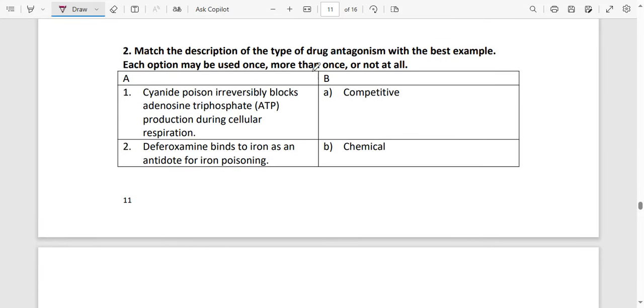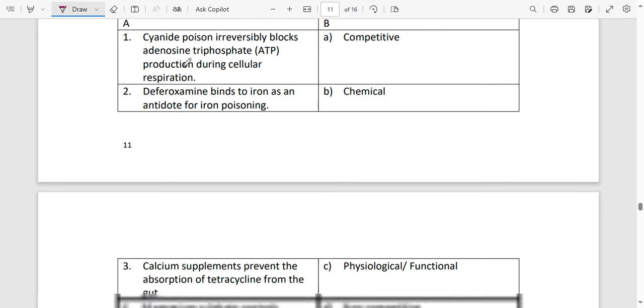Match the description of type of drug to the type of drug antagonism. So A, cyanide poisoning. Cyanide poisoning irreversibly blocks adenosine triphosphate production during cellular respiration.